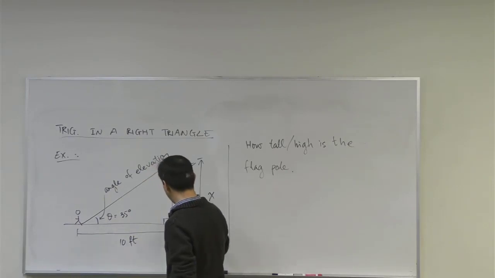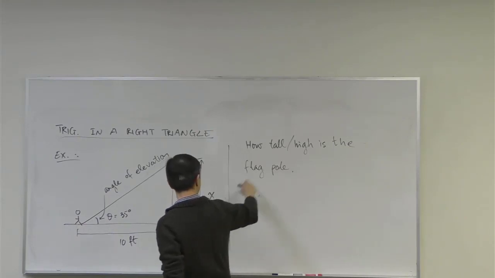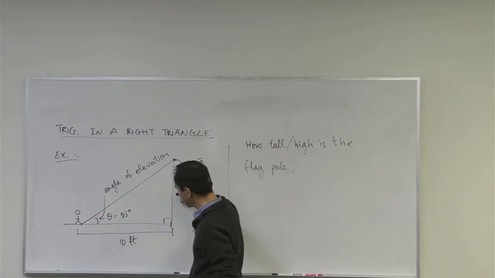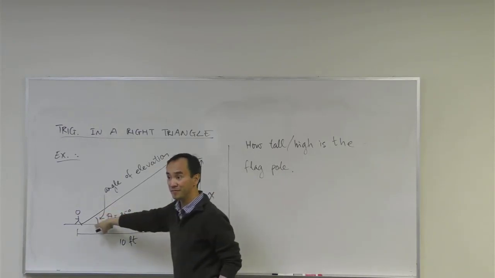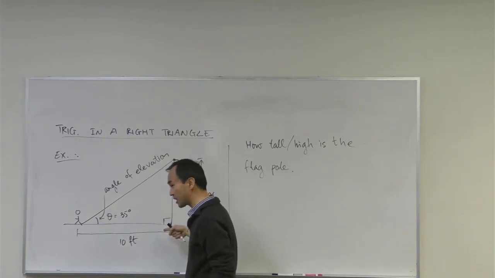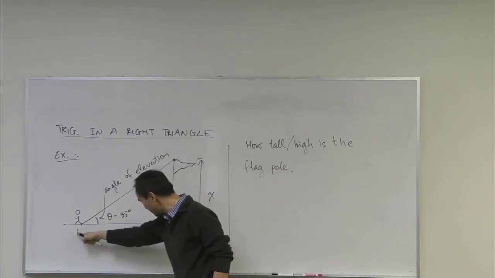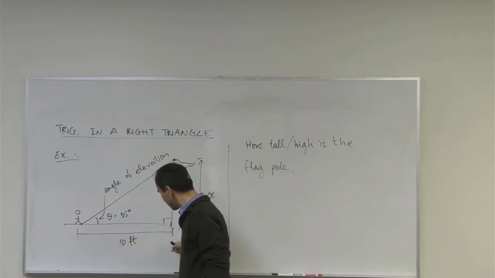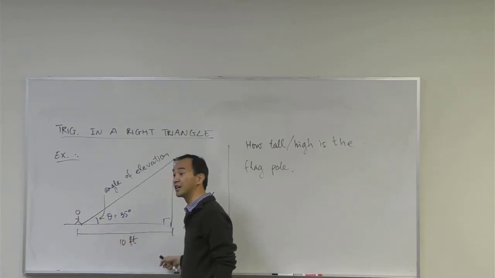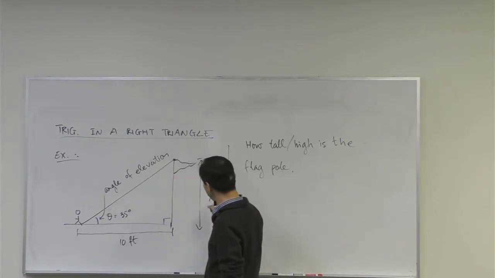From our understanding from the main lecture, this is the length of our flagpole right here, and relative to a triangle like this, we call it the opposite side of the angle, right? This is where the angle is. This x length right here is the opposite side. You guys follow with that? And then this 10 feet distance from where the man is to the foot of the flagpole, that's the adjacent side, right?